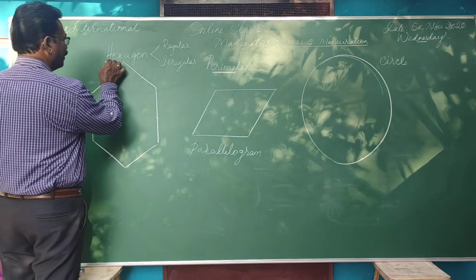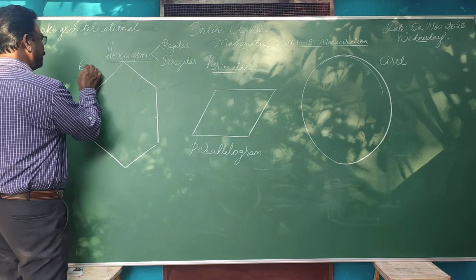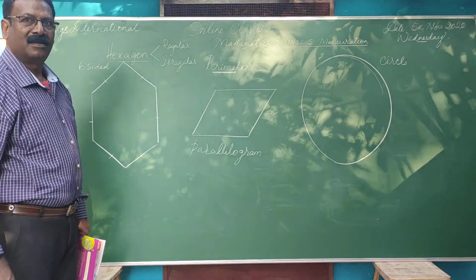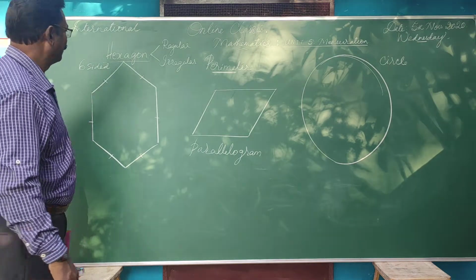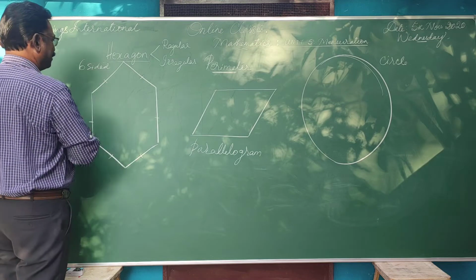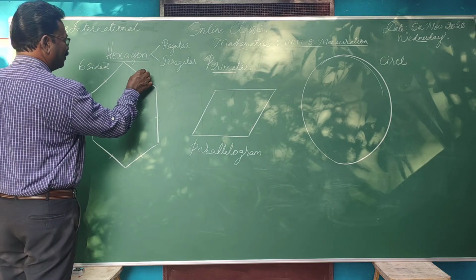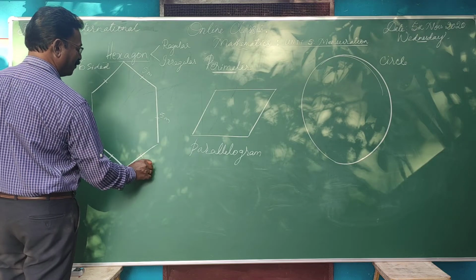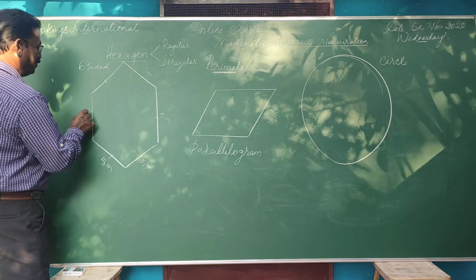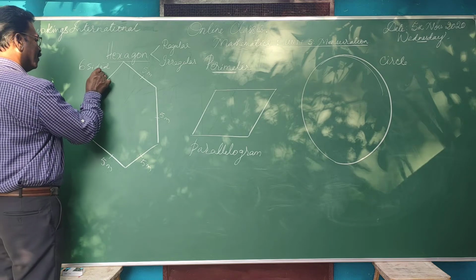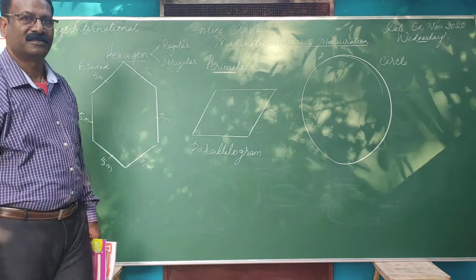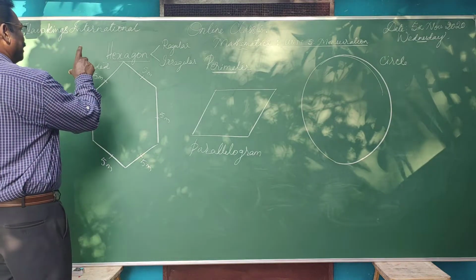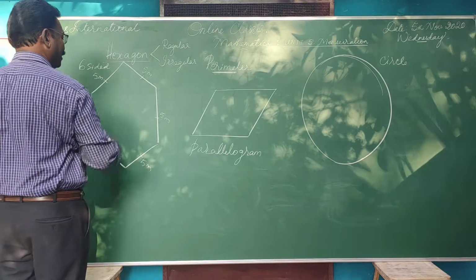Of course, hexagon is a 6-sided plane figure. When all the 6 sides are equal, for example, this is 5 meters, 5 meters, 5 meters, 5 meters, 5 meters, and 5 meters. What is the perimeter of this 6-sided hexagon?